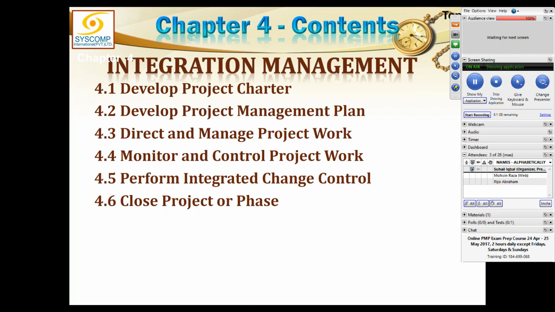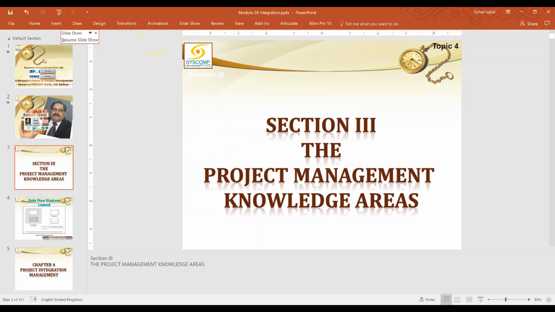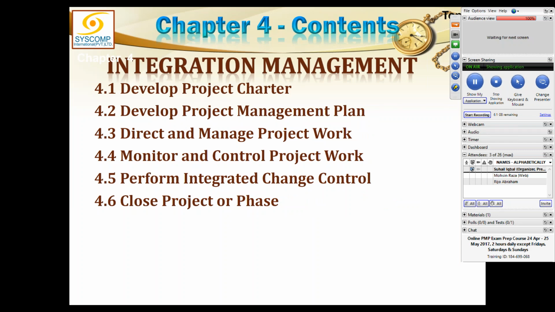Third process here belongs to the executing process group, and this is again only one process group, and the name of this process is direct and manage project work. What does it do? What is the responsibility of direct and manage project work?